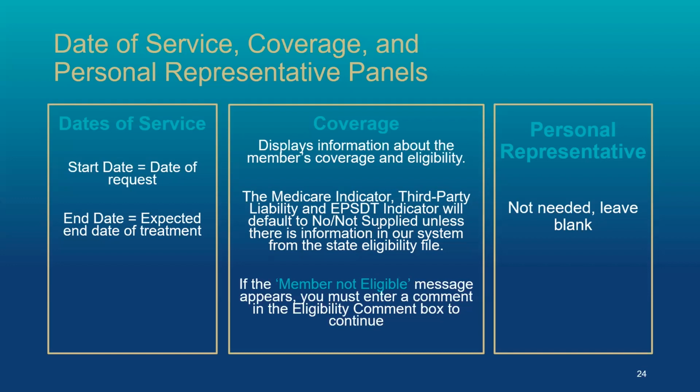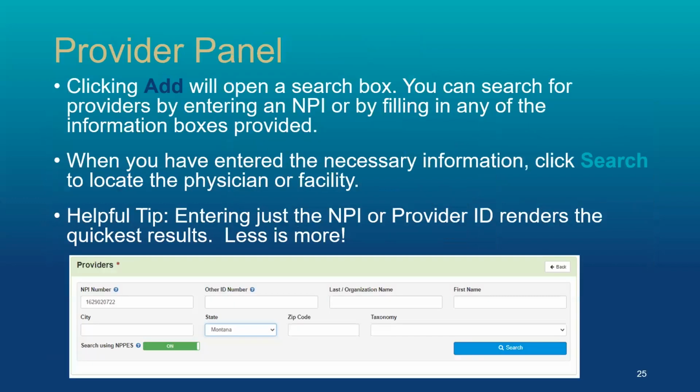The next panel is the personal representative panel. That one's not needed for this request, so you can just leave it blank and move past it. Then there's the provider panel. Here is where we're going to be adding the provider that is providing this service. This is going to be part of the request that is transmitted into the claims system so that the billing can happen appropriately.